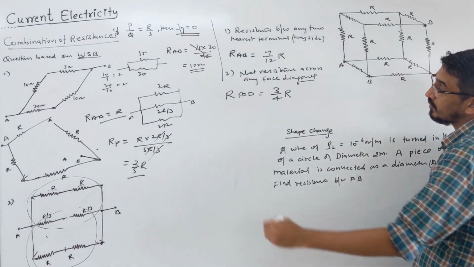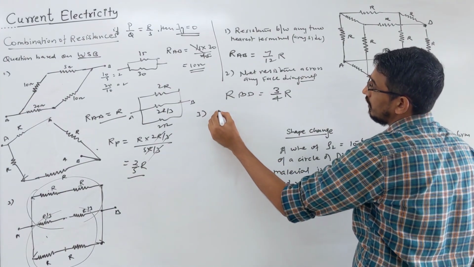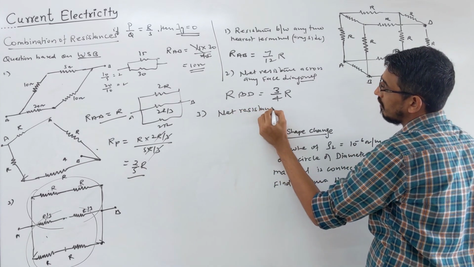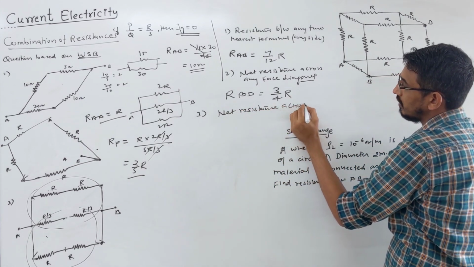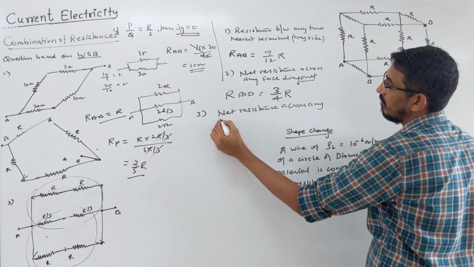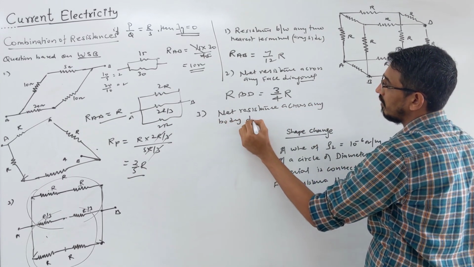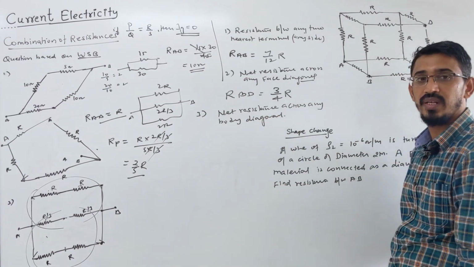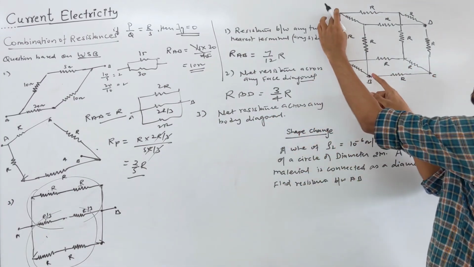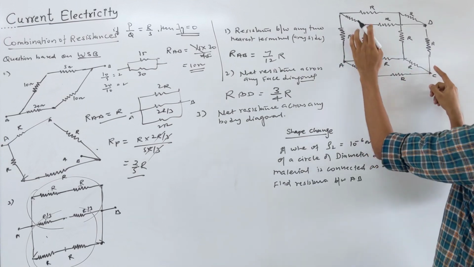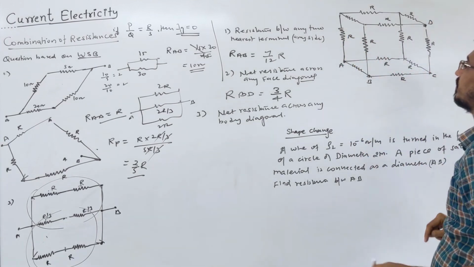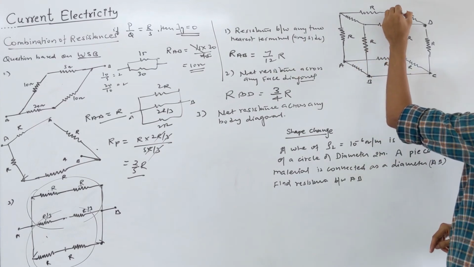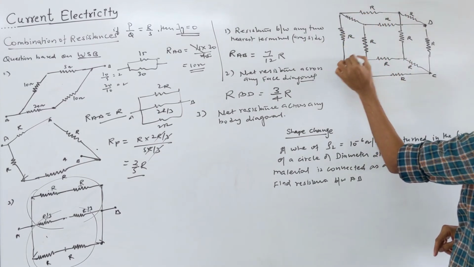Third, the net resistance across any body diagonal. Hope you understand the difference between a body diagonal and a face diagonal. Like this is a face diagonal, this is a face diagonal, this is a face diagonal. Body: here, take point B, and at that point I don't have a name, so let's call it point A, and D point.